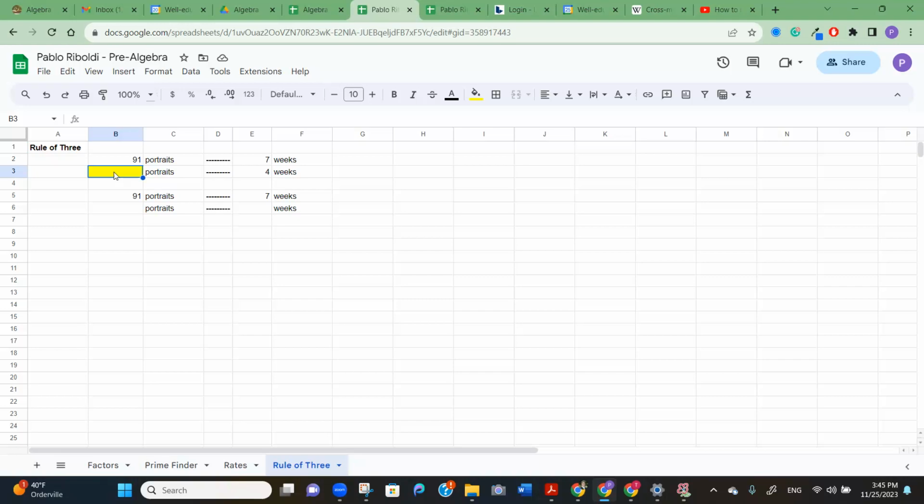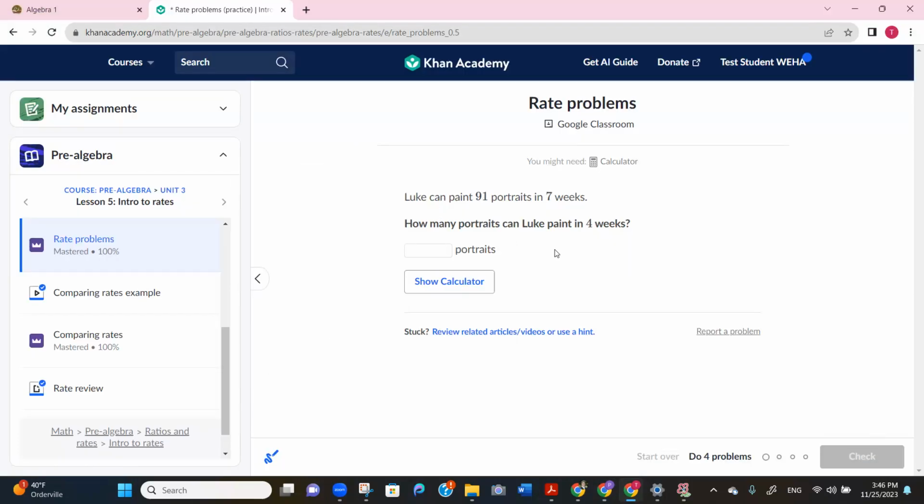I'm going to leave you to figure out the formula for that cell to solve how many portraits Luke can paint in 4 weeks. But imagine if instead the problem said, how many weeks will it take Luke to paint 120 portraits?